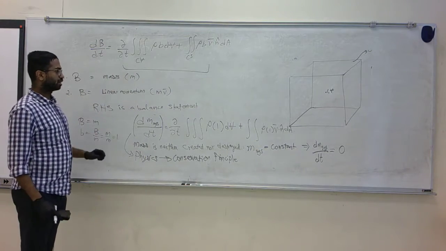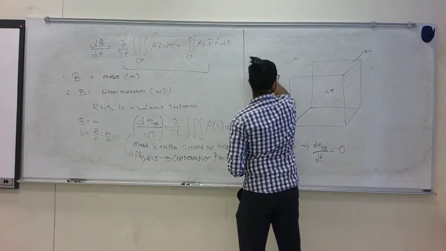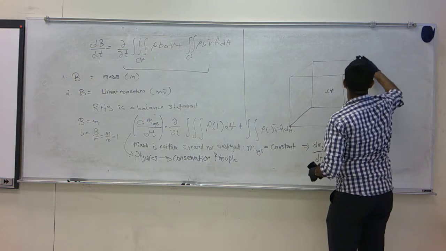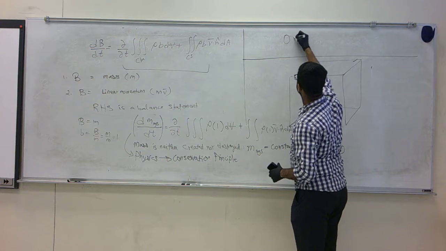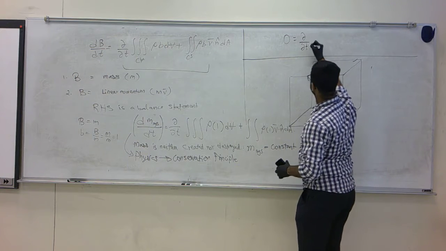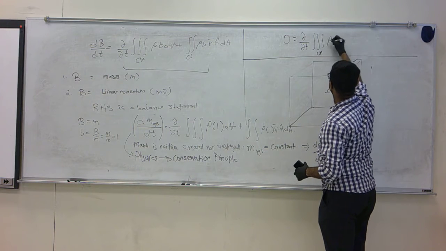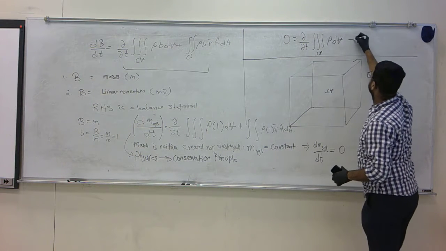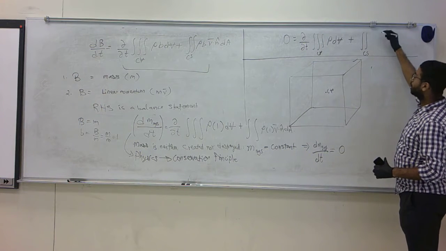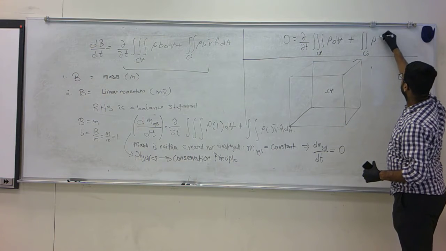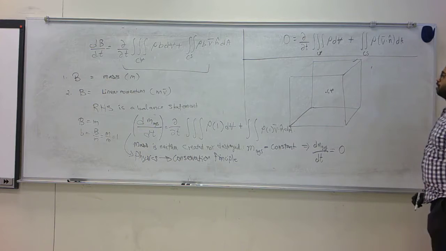So this statement here for mass conservation will become 0 equals the derivative with respect to time over the control volume of rho dV plus the double integral over the area of rho v dot n dA.